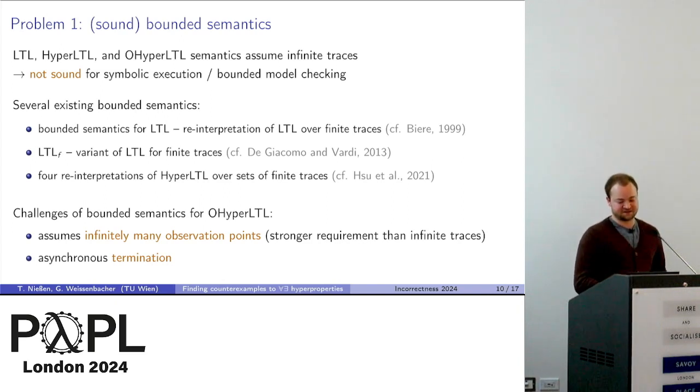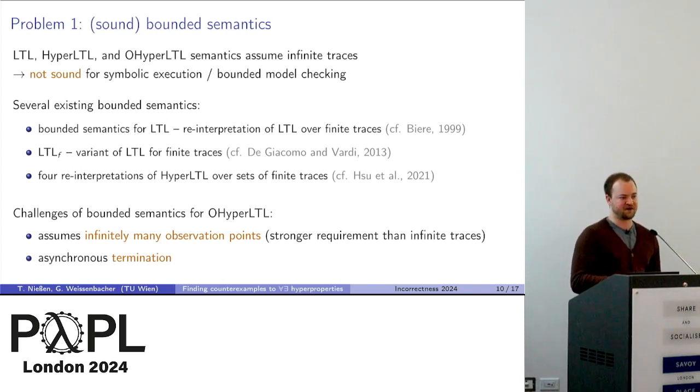And then there is another paper from 2021 with four reinterpretations of HyperLTL: an optimistic semantics, a pessimistic semantics, a halting optimistic, and a halting pessimistic semantics. Unfortunately, all those still don't really work for our case, because we want to handle software that has asynchronous properties and also infinitely many states.